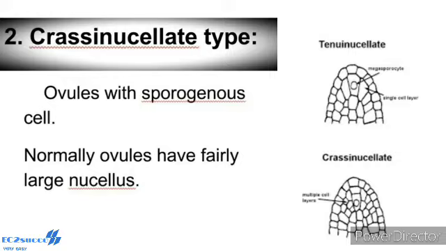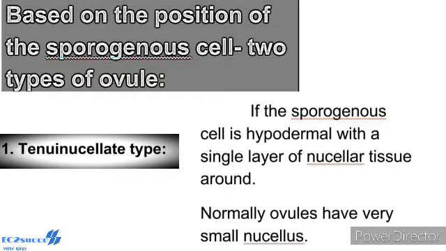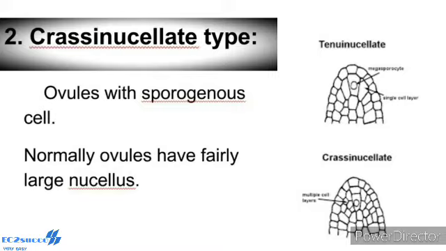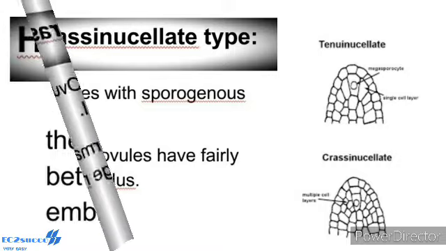Crassinucellate ovules have a subhypodermal sporogenous cell. Tenuinucellate ovules normally have a very small nucellus, but crassinucellate ovules have a fairly large nucellus.